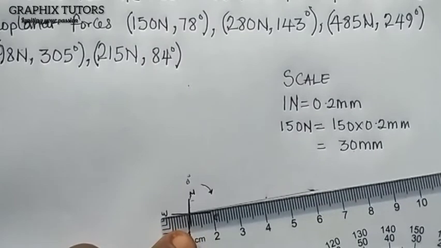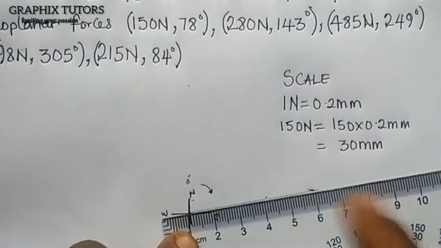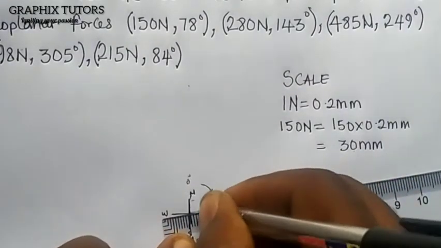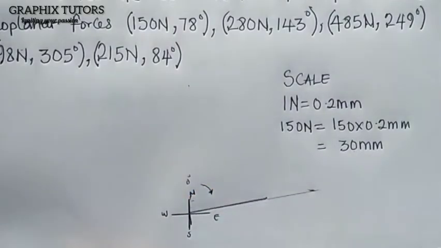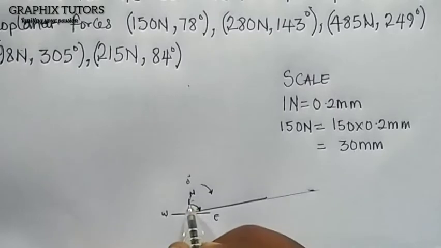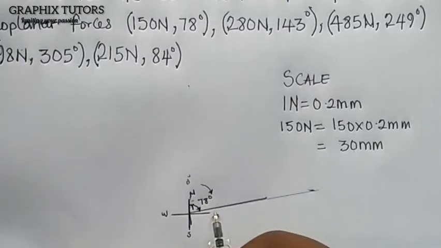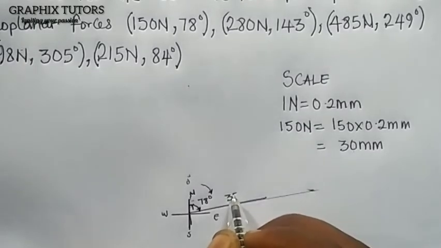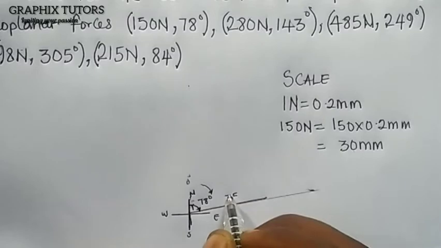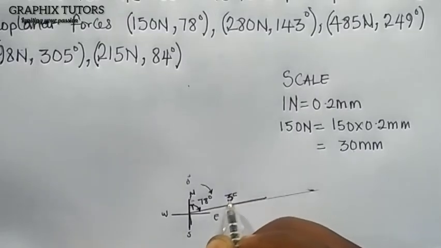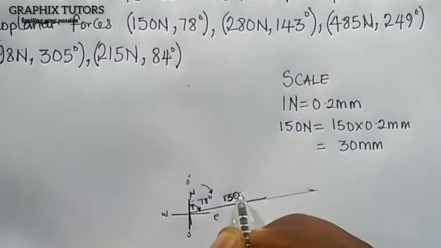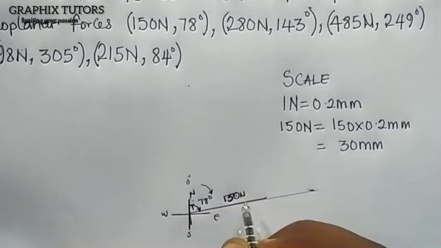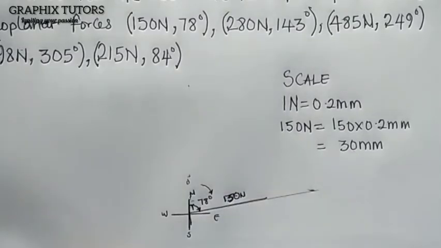So I'm now taking it from this point to this point. The angle from here to here is 78 degree, right? And the magnitude is 150 Newton. Right, so we're moving forward.